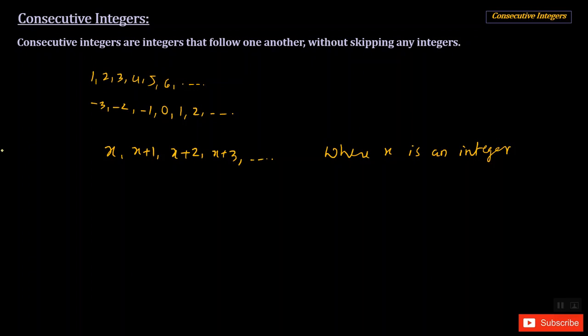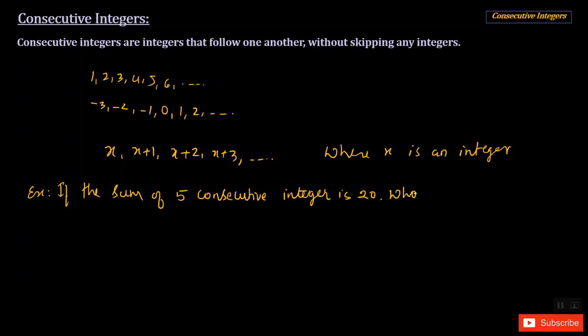Now let's take an example. If there is a question, you may get an example: if the sum of 5 consecutive integers is 20, what is the largest integer in the set?